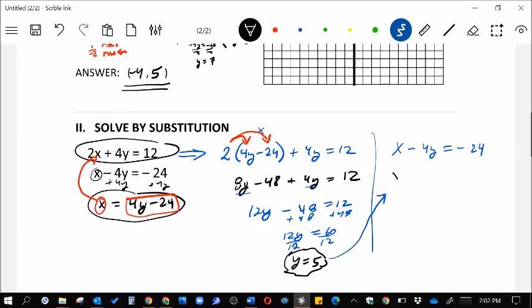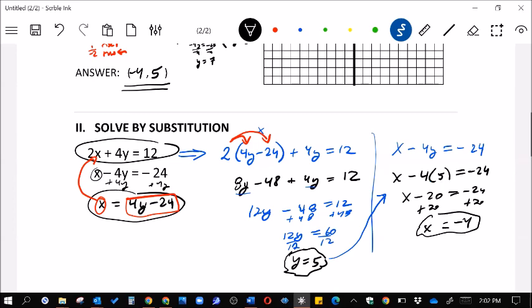That means I have x minus 4 times 5 equals negative 24. So that's x minus 20 equals negative 24. Let's add 20 to both sides, and x is equal to negative 4. So I have these two things, but the only correct answer is to put it together as a coordinate point, negative 4 and 5.